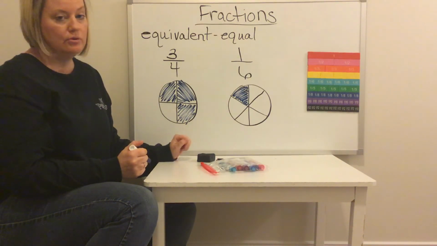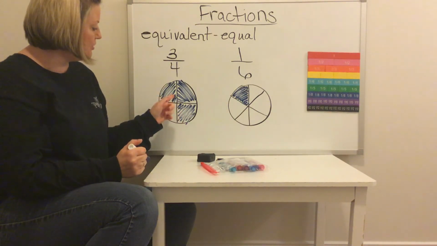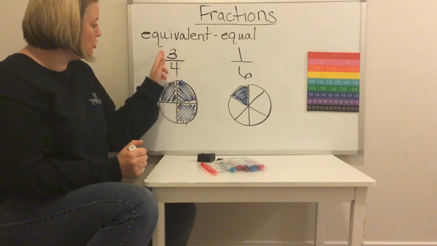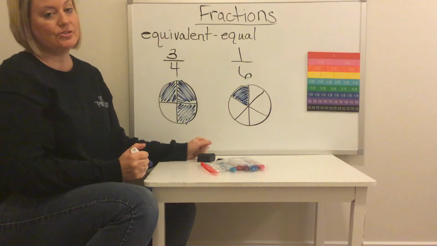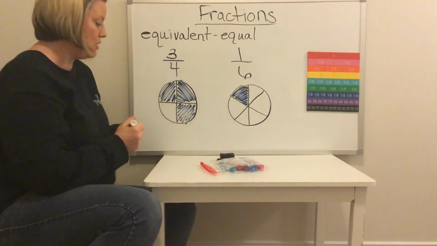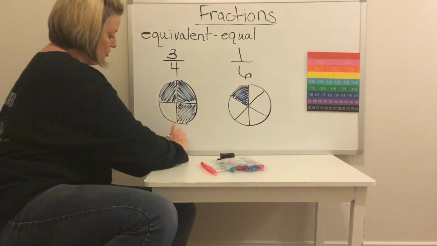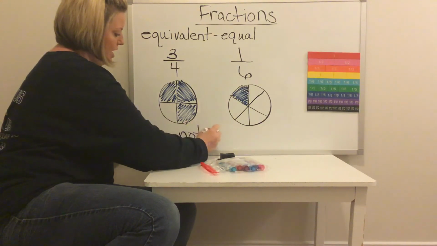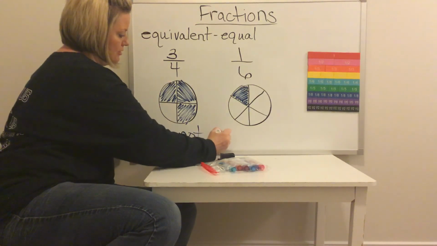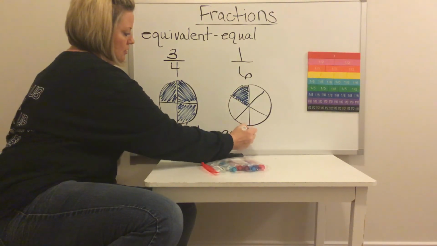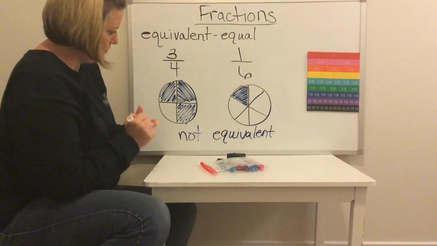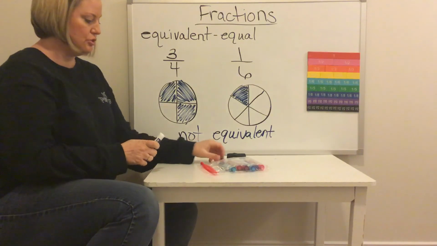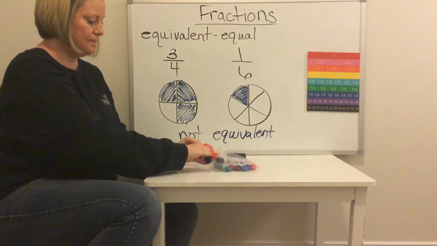And no, you have much more shaded in over here than you do over here. So the 3/4 is not equivalent to your 1/6. They are not the same. So for your answer, on that line, you would need to write not equivalent. In cursive, of course. Okay? That's how you're going to do your classwork today.